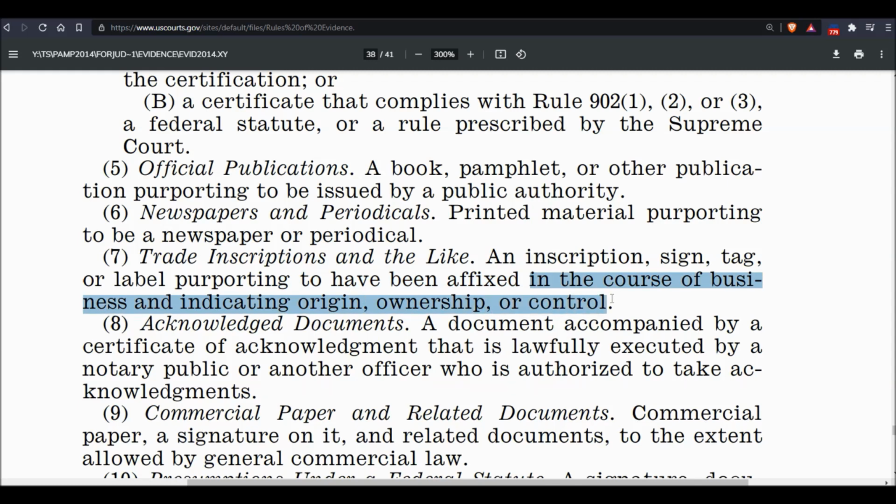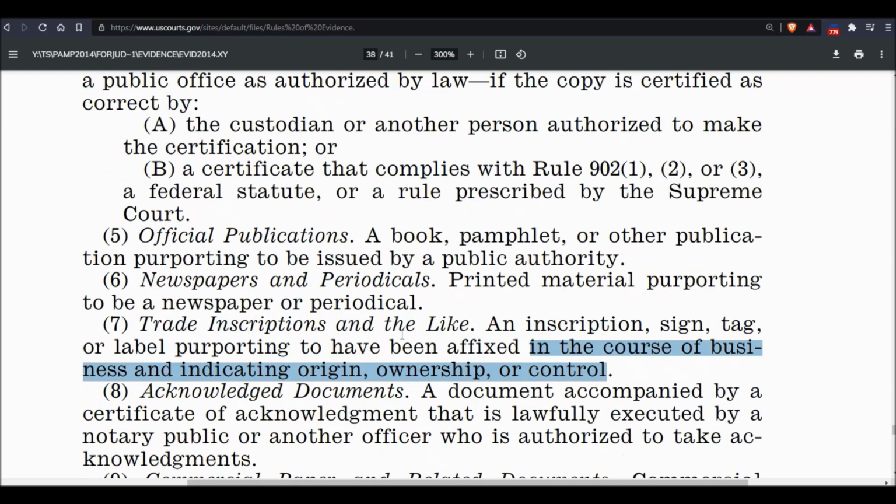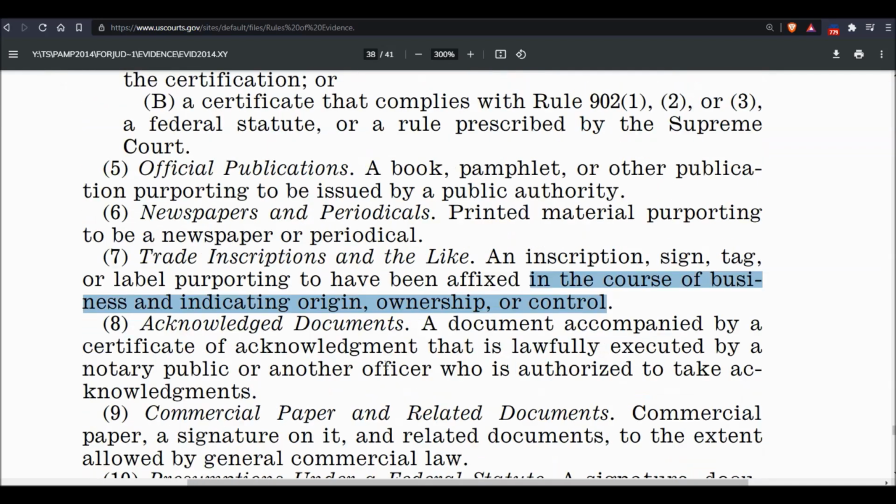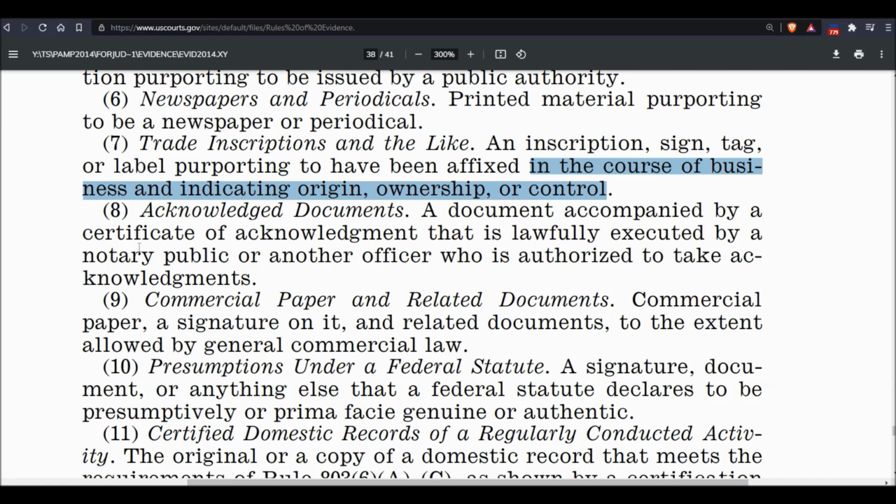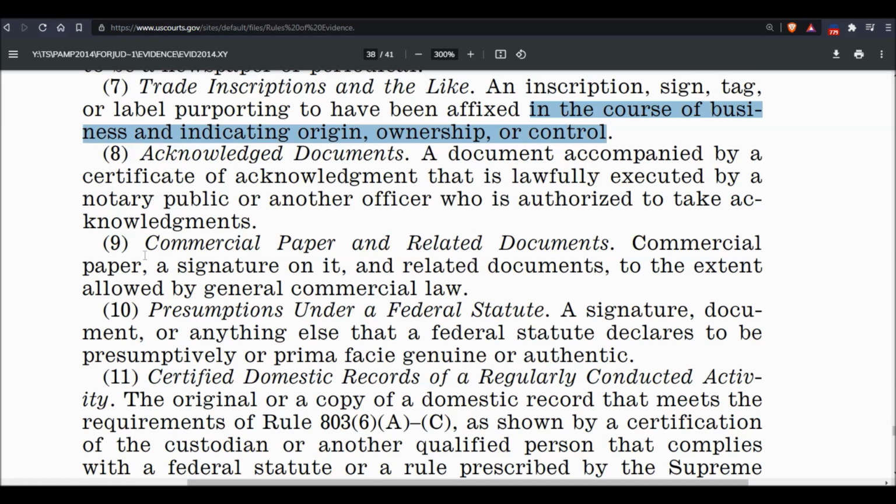So tell me, when you authenticate that signature to that birth certificate, whose ownership or control are you authenticating? Another question you ought to ask yourself. So that is items 7, 8, 9, and 11.